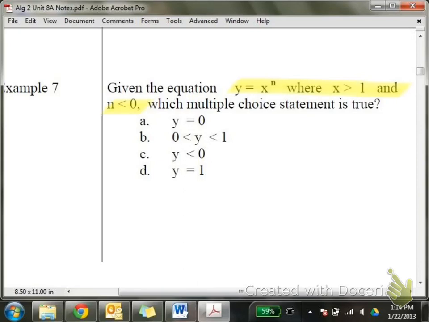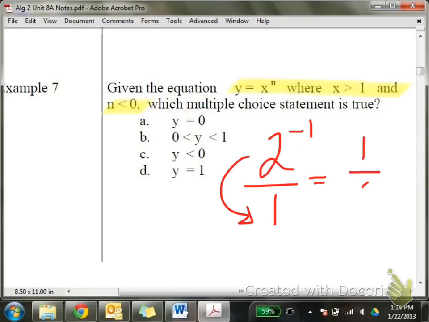If x has to be greater than 1, what did you plug in for x? 2, okay? If n has to be less than 0, what did you plug in for n? Negative 1. What does 2 to the negative 1 mean? 1/2. Yep, and you move it down so it becomes 1/2.